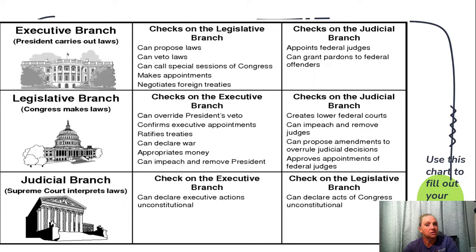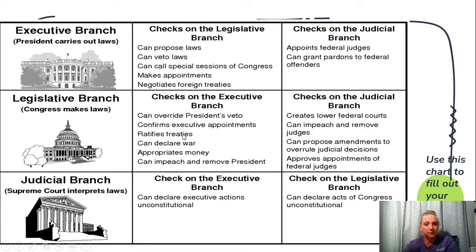There are some other checks that we will get more in depth with when we get to the actual branches of government. And then we have the legislative branch. So the legislative branch is on the left side of your notes. The arrow pointing to the executive branch, you want to write these things down, so make sure you pause. Can override president's veto, confirm executive appointments. That's a nomination, so they are confirming or approving those nominations.